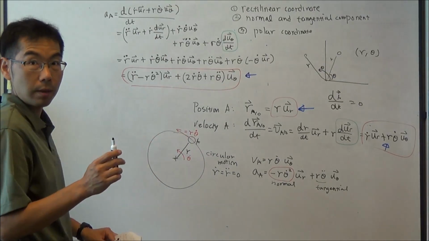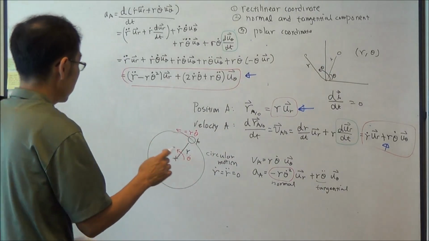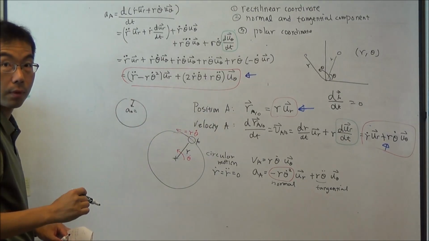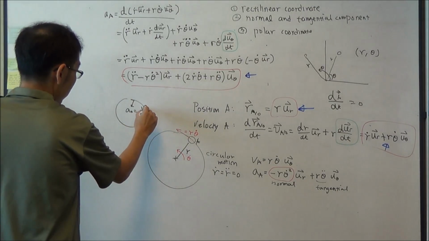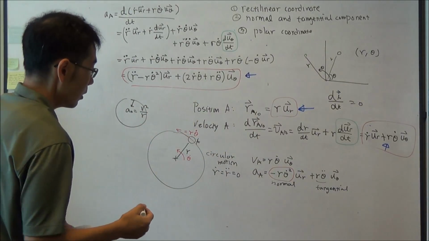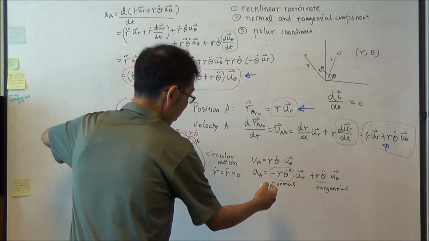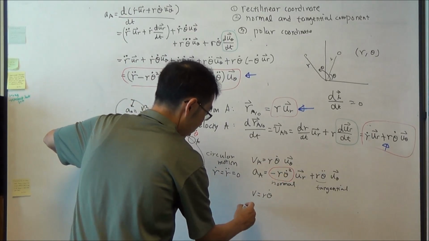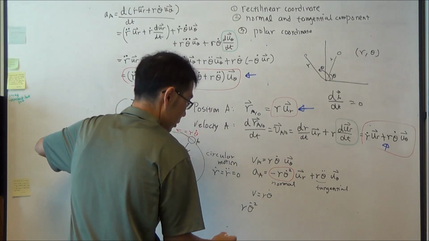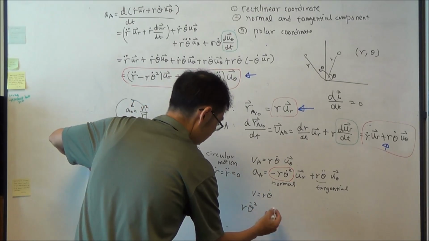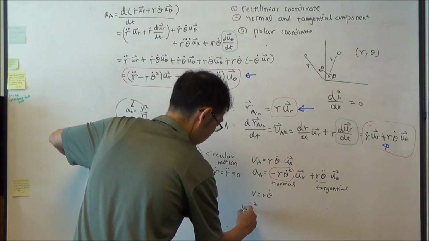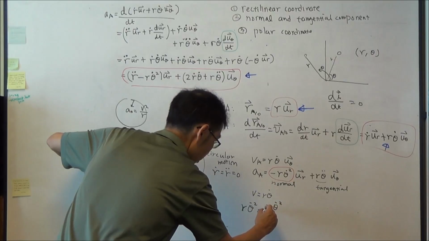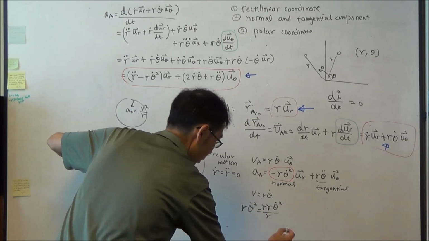Do you remember that when we talked about circular motions, the normal component of acceleration is v squared over r, right? So let's look at this one. We know that v is r theta dot. So what is r theta dot squared? Let's say r theta dot squared. I just multiply by r and divide by r.